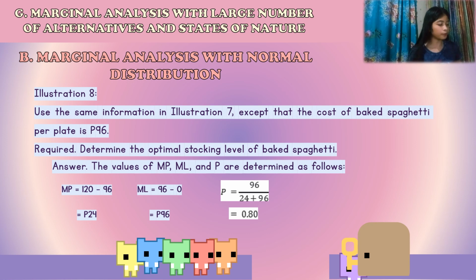So, 24 plus 96 is equal to 120. And kailangan lang natin i-divide yung ating marginal loss na 96 divided by yung pinag-add natin na 120 is equal to 0.8. And there we have our area.